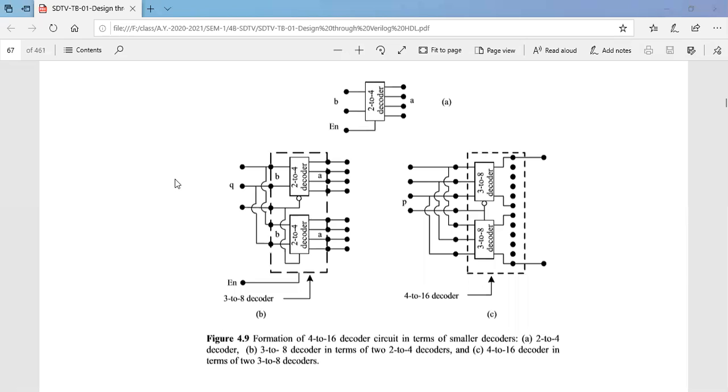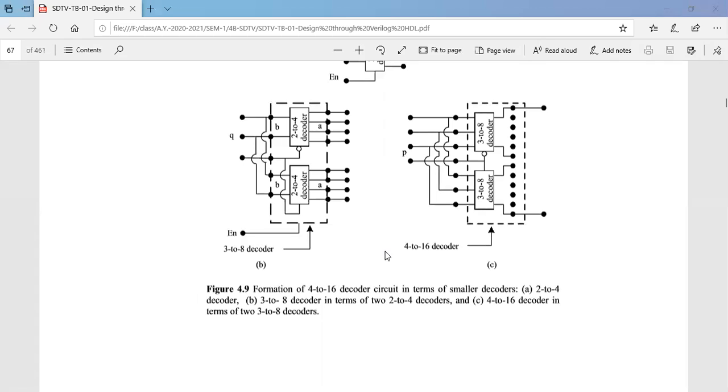The advantage of writing the program for a 2 to 4 decoder is that we can use that 2 to 4 decoder to produce a 3 to 8 decoder also. We can see these things in the structural style of modeling discussions in the later classes.